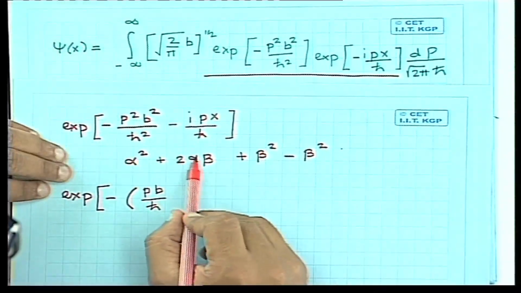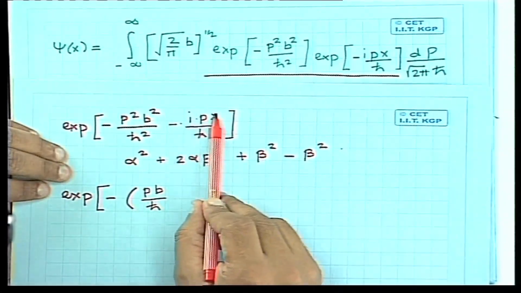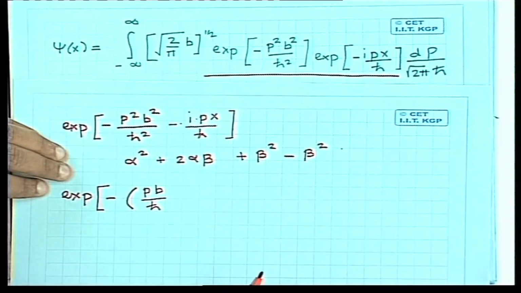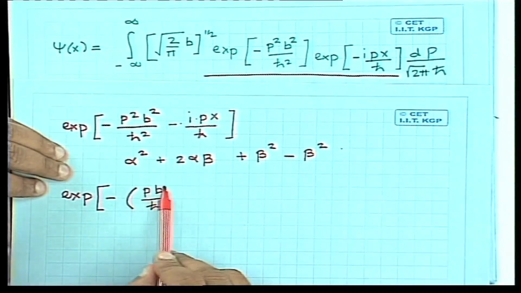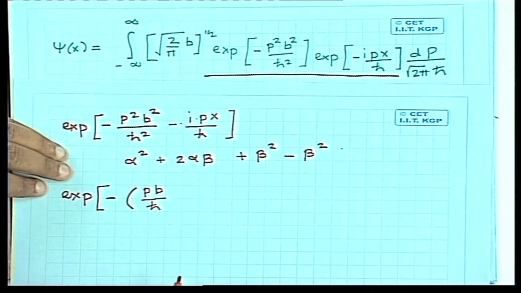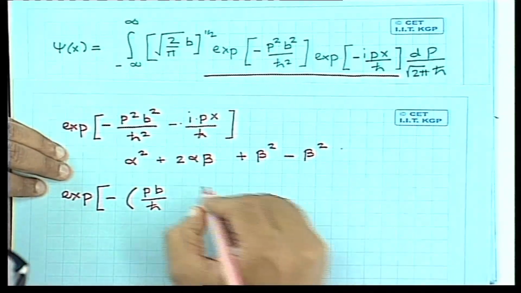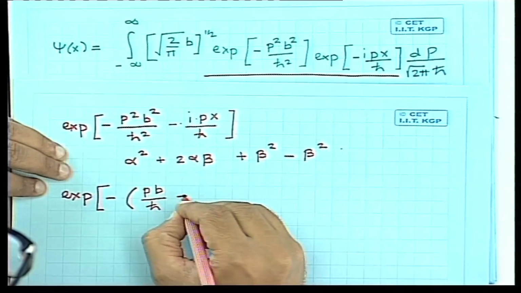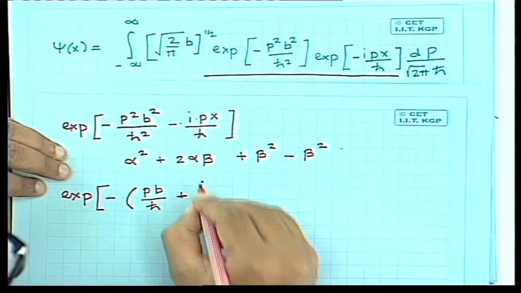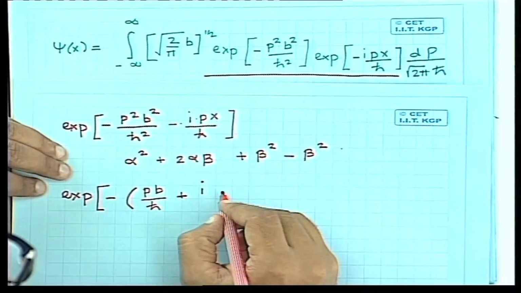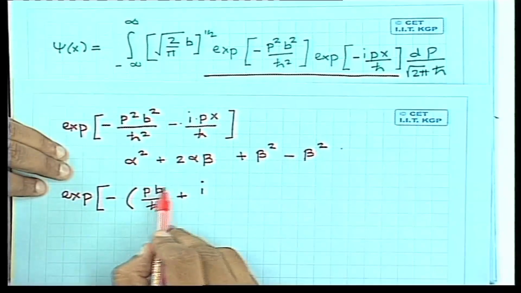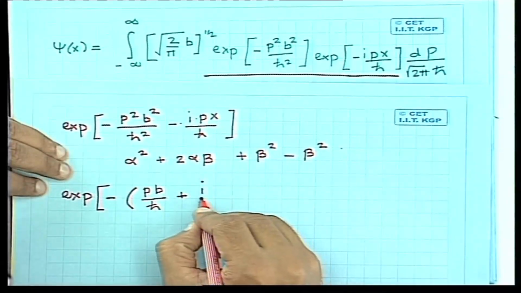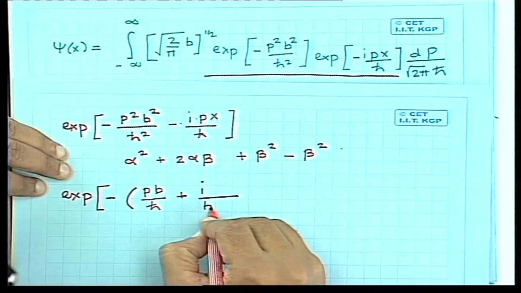Now 2 alpha beta has to give us i p x by h cross. Alpha already gives us pb by h cross, so beta has to be plus i. So we have to divide by b to get this, so there will be a 1 by b over here.